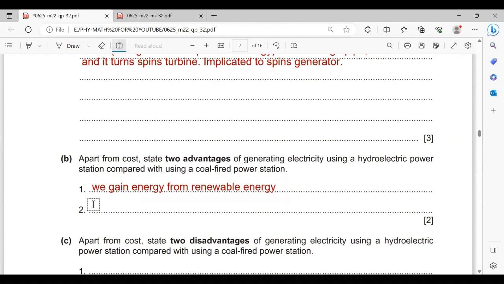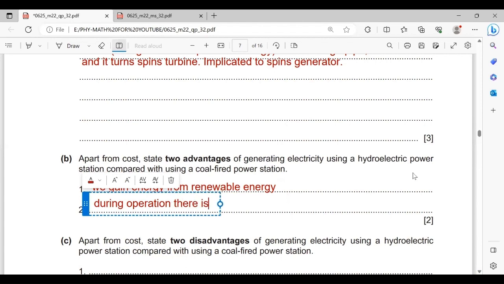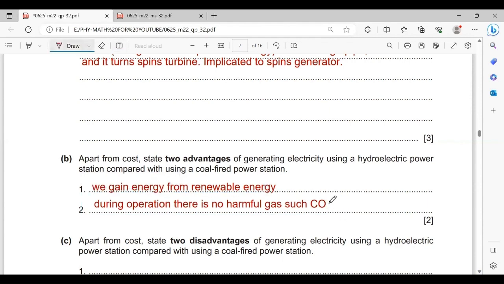And secondly, during operation, there is no harmful gas, such as CO2. I'm going to write here CO2.